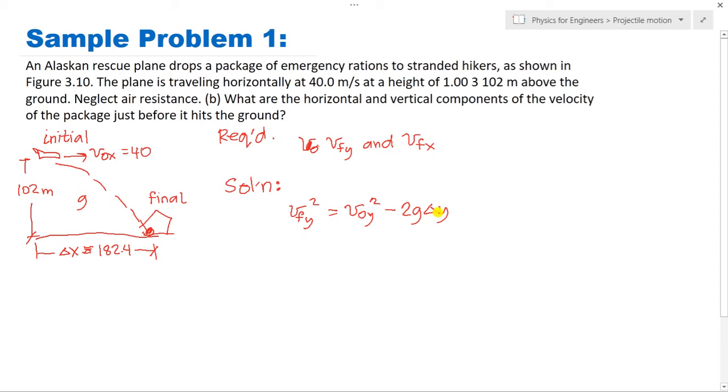And since we already know that delta y is 102, but in this problem this is negative 102 since our reference is at the plane, and the location of the final position is negative or downwards. So the VOY, since we don't have VOY, this is 0. So therefore our VFY squared is equal to negative 2g delta y. Then take square root both sides.